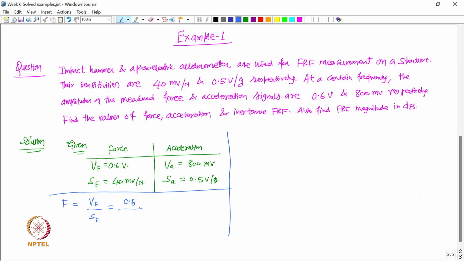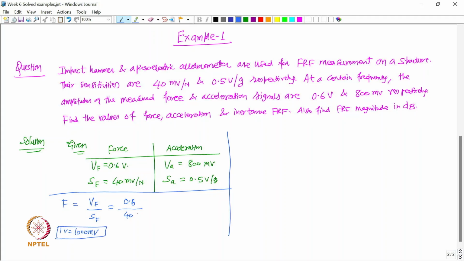Now, SF is in terms of millivolts, so I must convert it to volts in order to get the correct value of the force in newtons. We know that 1 volt is equal to 1000 millivolts.